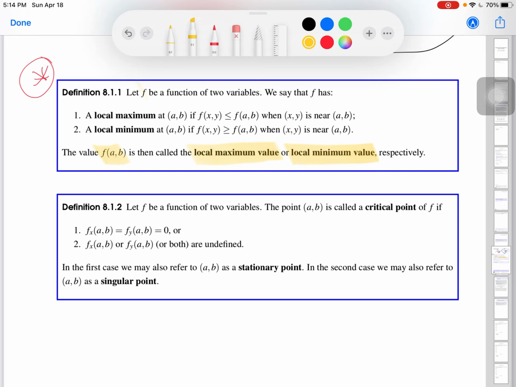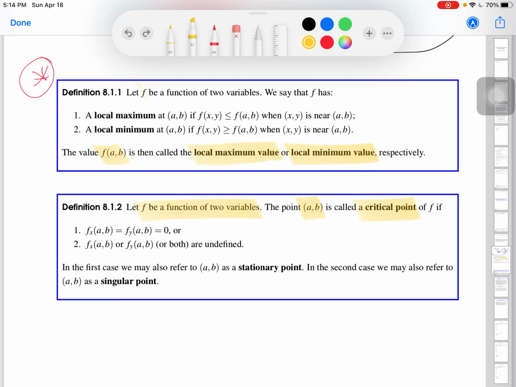Suppose that I have a function of 2 variables. We will call the point (a,b) a critical point of the function if this. So you should be familiar with these two conditions from single variable calculus. What are they? Basically, from single variable calculus, an x-value was a critical point or critical number. Sometimes a distinction is made if the derivative was 0 or undefined. That's what's happening here.